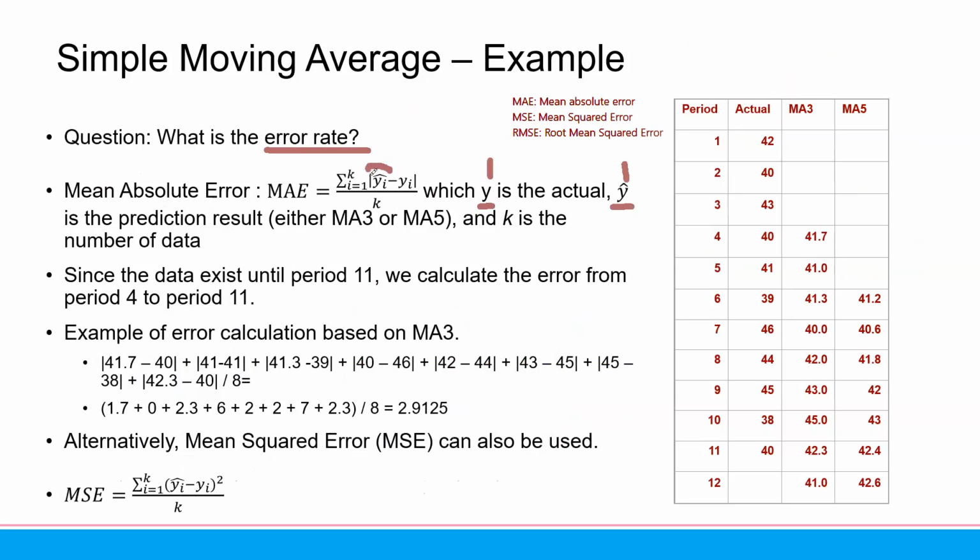Y hat is the prediction, Y i is the actual, and we want to know the deviation. The deviation means the subtraction, and then we apply the absolute function, which turns the negative into positive. And then we divide by the number of data, K.